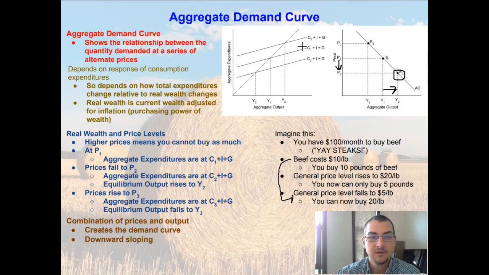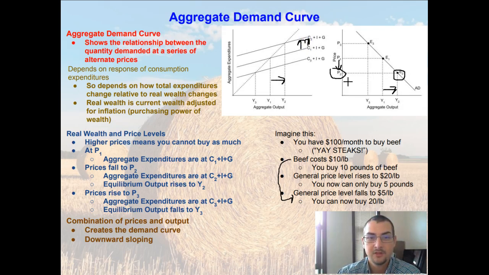So that's seen here where it kind of looks a little bit weird, but we're actually seeing that aggregate expenditure curve shifts upward, meaning that our equilibrium now shifts outward and to the right, which means that, well, what has happened? Well, the price level fell, meaning our real wealth has increased, allowing us to purchase more at this lower price.